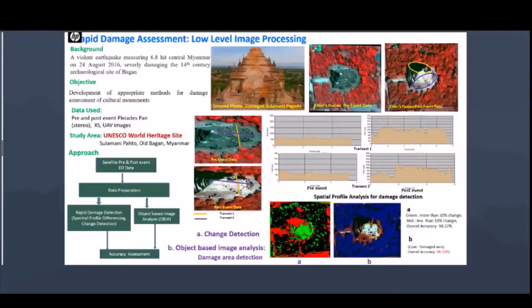We applied the GLCM textures, first order and second order, and tried to find out how much damage is there. We found that these GLCM textures are very useful for detecting damage over a larger area. For finer damages such as cracks and broken patterns, ground-based instruments were required.